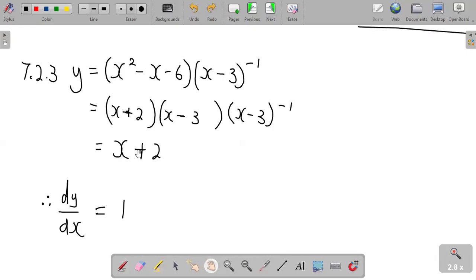So it helps to simplify the expression that we have sometimes, because then dy over dx is difficult to find when you have that long thing there, but once it's simplified, it's easier to find dy over dx, okay?